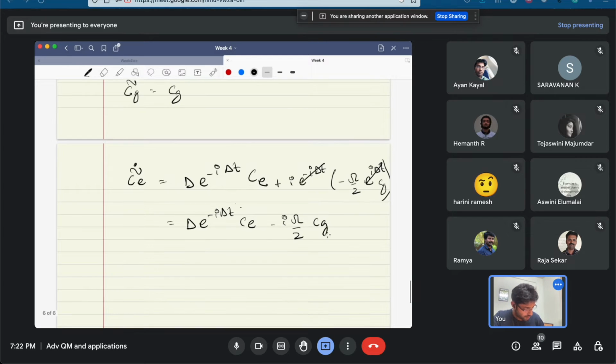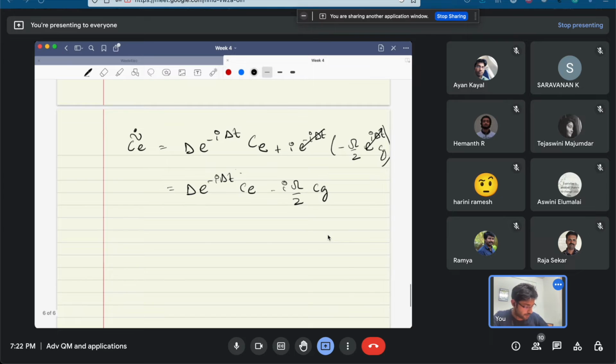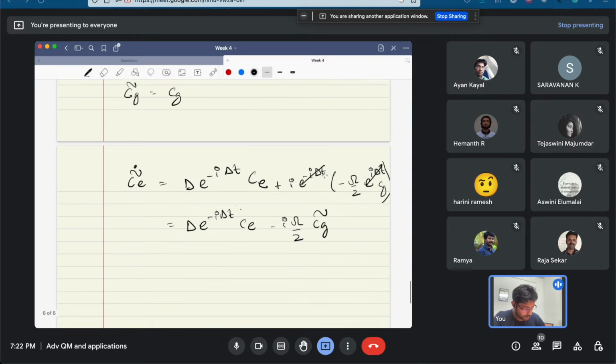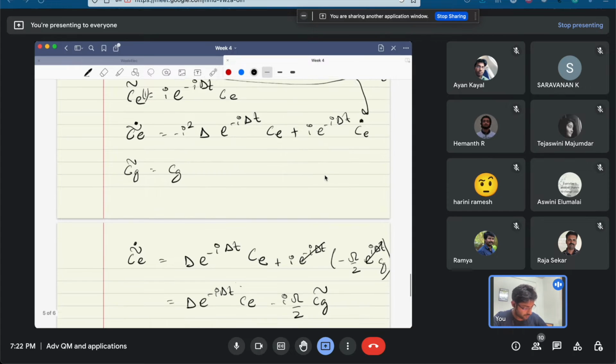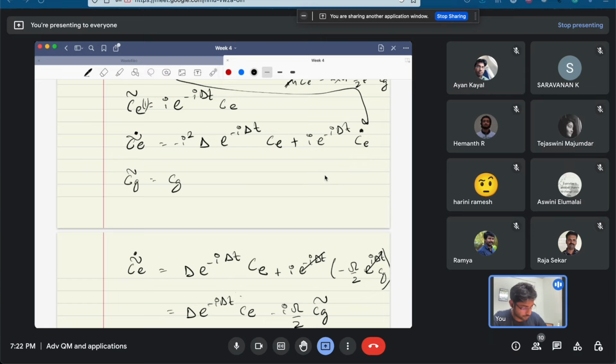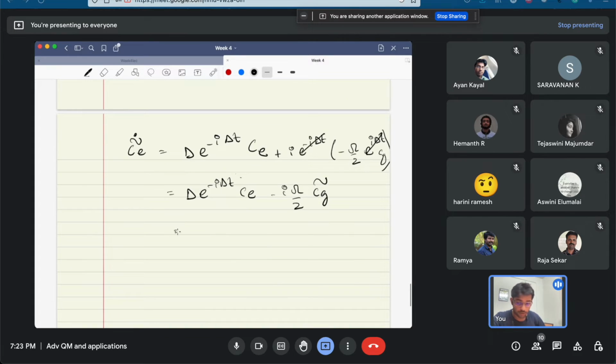CG, and we know that your CG is essentially CG tilde, so you can directly substitute, but we have to resubstitute, that is, we have to go the opposite way. So your CE can be written as minus i e to the power i delta t CE tilde. So we are going to write all the terms in the form of tildes.